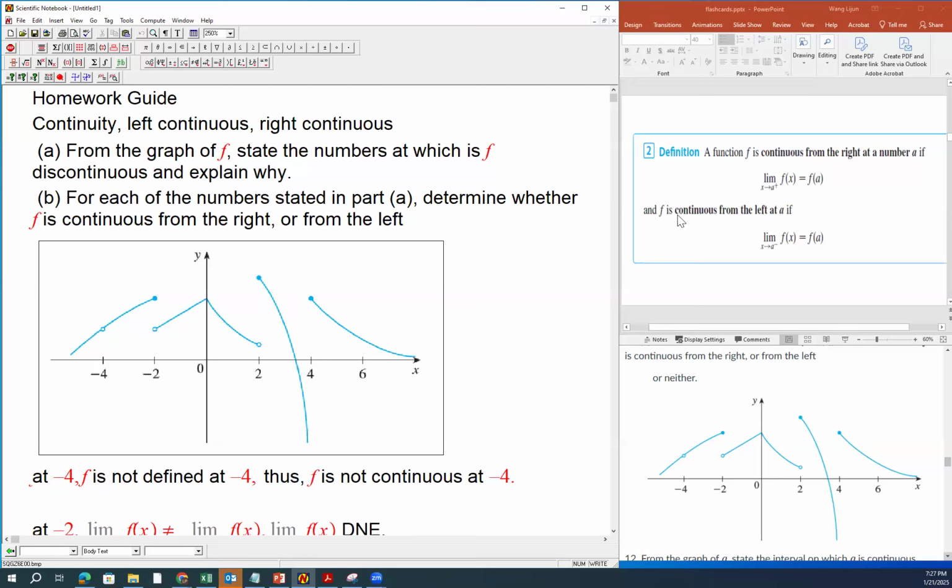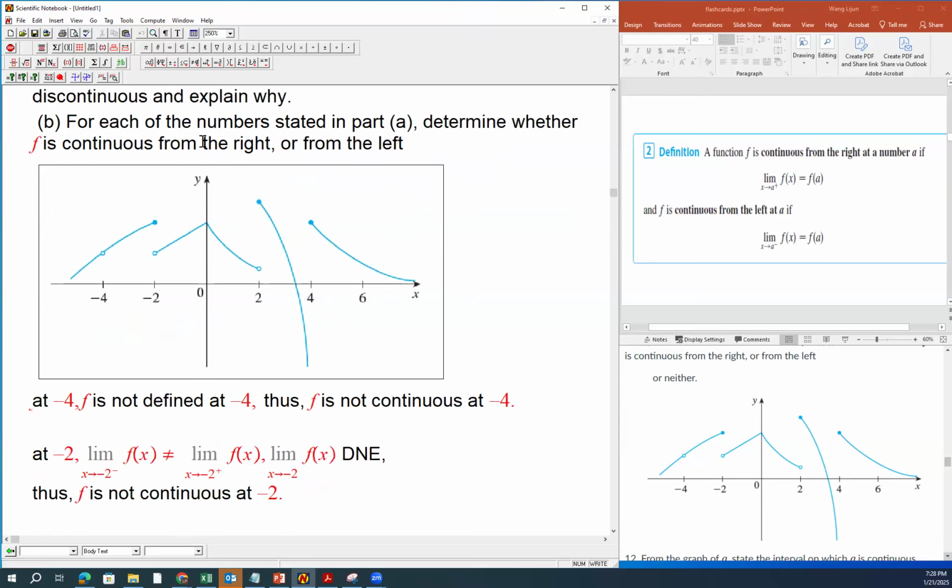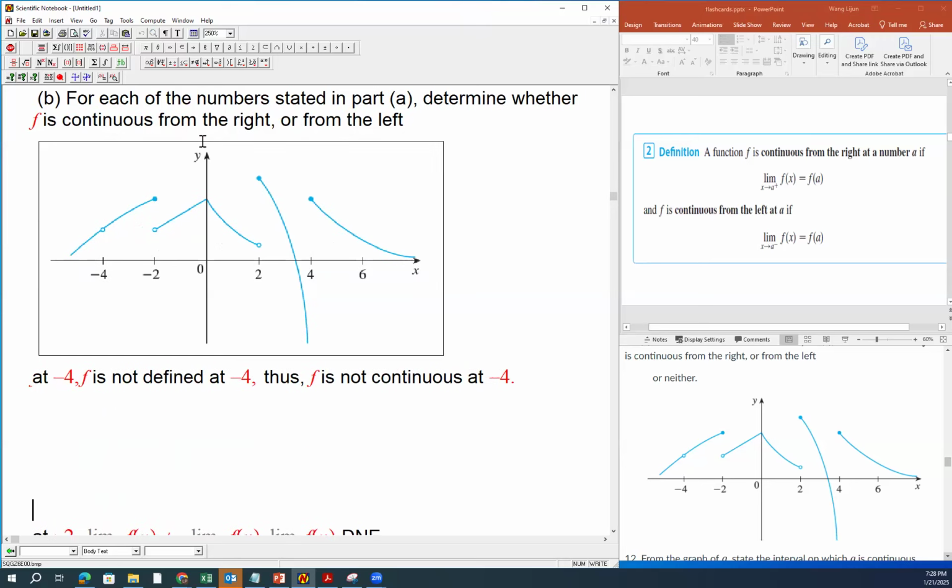So here's the definition of continuous from right or continuous from left. So let's look at -4.